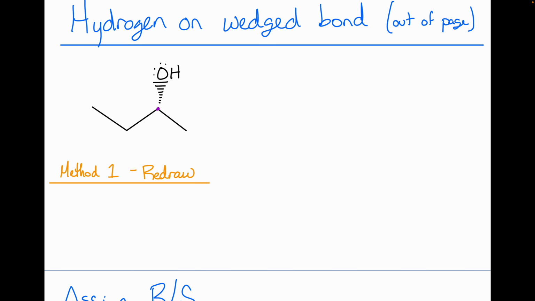All right, so I could redraw my molecule like this, where now my hydrogen is pointed into the page and my oxygen is pointed out of the page. Okay, so if I flipped this thing over, I would get something like this.